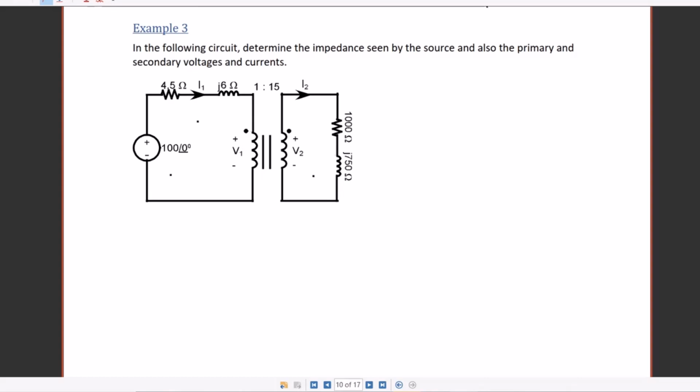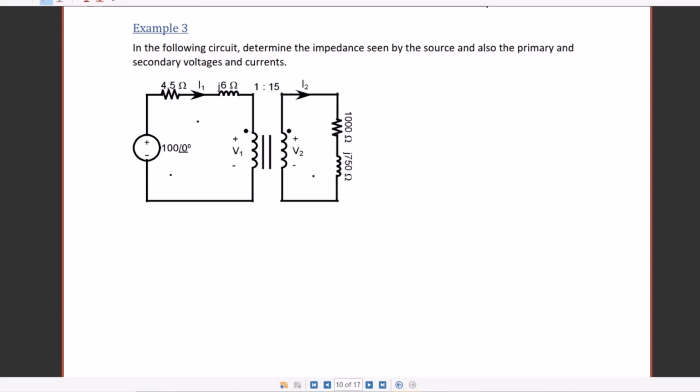Because either way, you get 4 equations and 4 unknowns, and you can solve it. But by doing the reflection, you only have 2 equations and 1 loop, and you can still solve. So I'll do it that way this time.